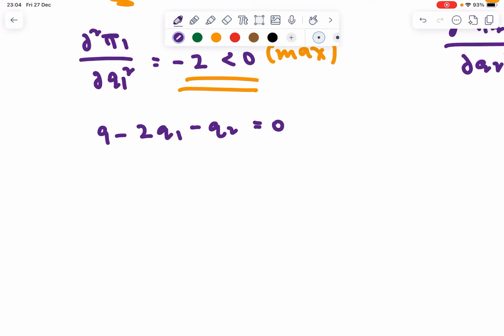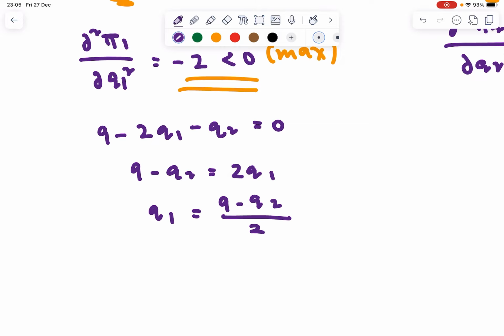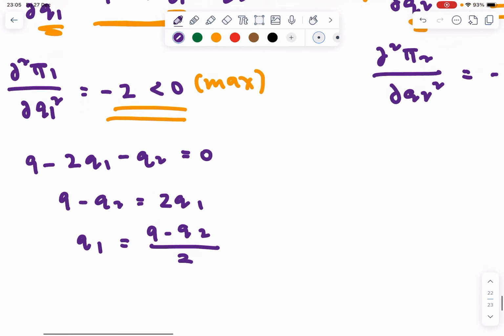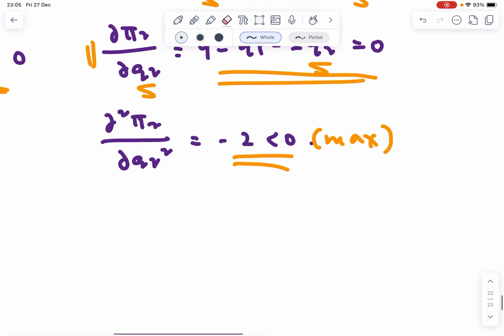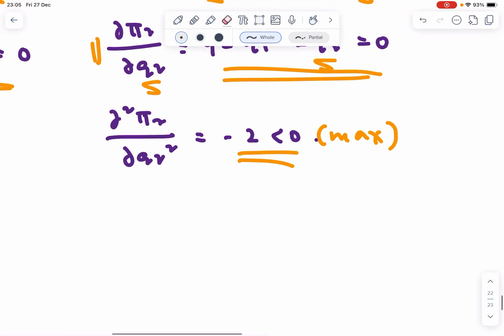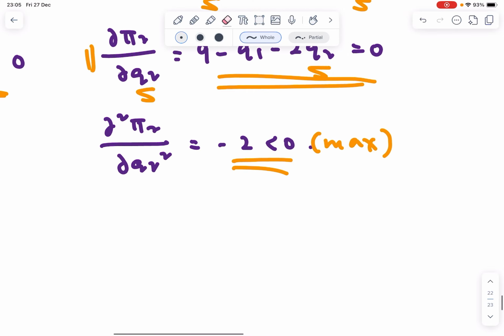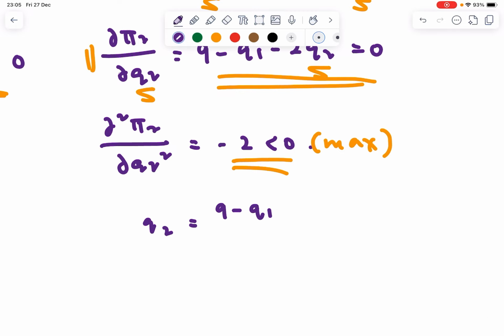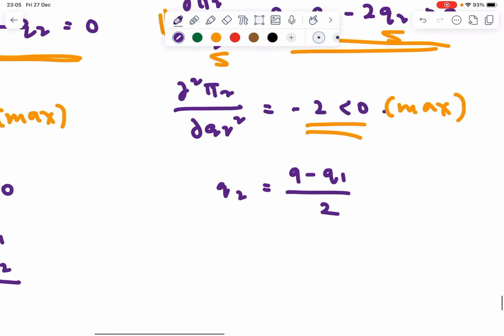So we try and rearrange the equation to make it so that we have Q1 on one side by itself, and then we get that Q1 equals 9 minus Q2 over 2. And then we do the same thing for firm 2. We get the same thing, which is Q2 equals 9 minus Q1 over 2.